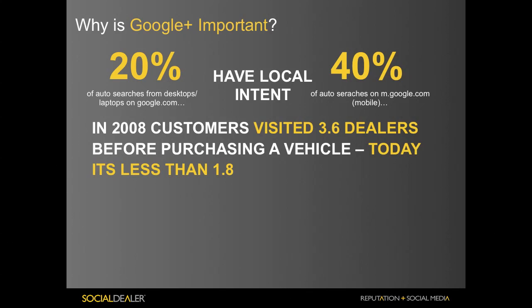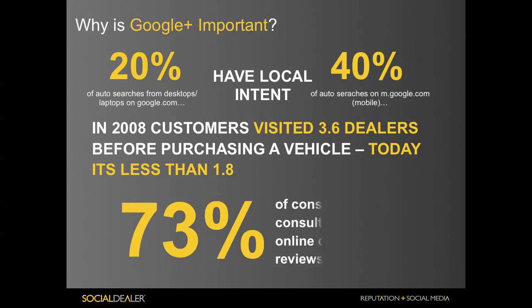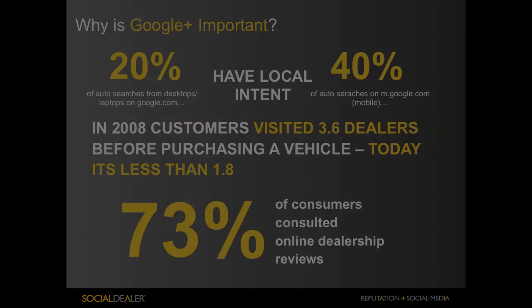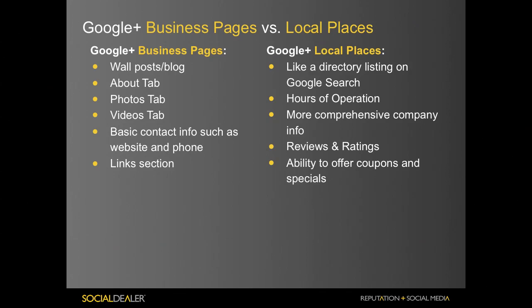We also know that 5 years ago, when people were searching online for dealers, they were visiting about 3.6 dealers physically, and today that number is down to under 2, in fact about 1.8. And to top that off, we also know that 73% of shoppers online are looking at online reviews of your dealership. And that's where Google Places come into play, because your reviews are up there.